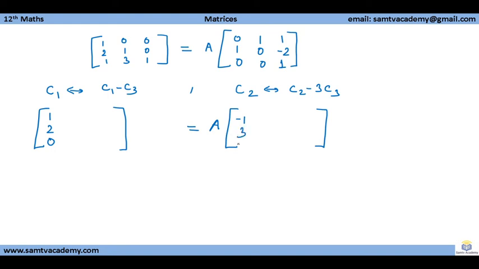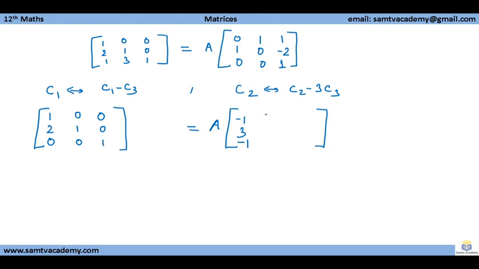Similarly 0 minus 1 is minus 1. Next column C2 is replaced with C2 minus 3C3. This is C3. So what it will come, 0 1 0, 3 minus 3, and last column will remain as it is.